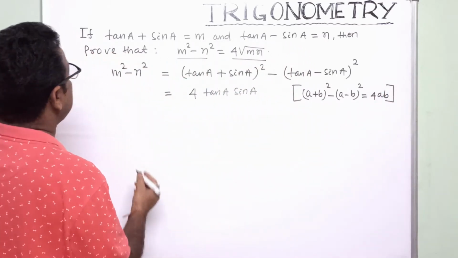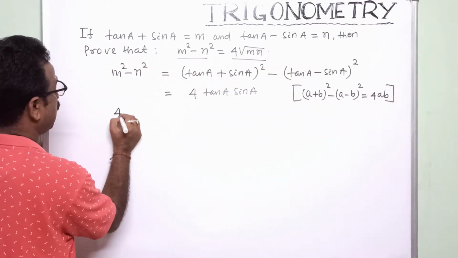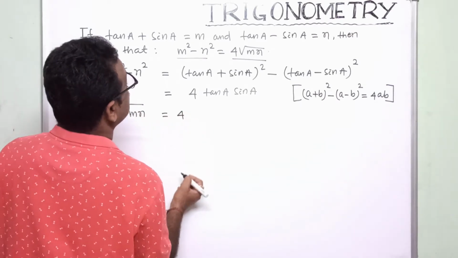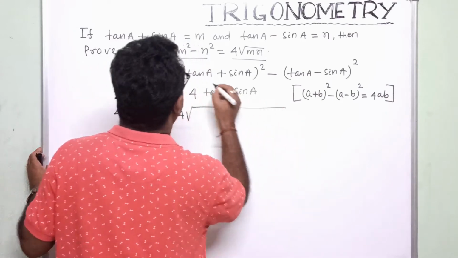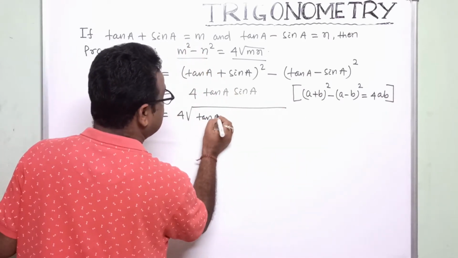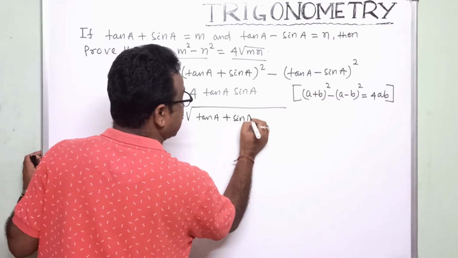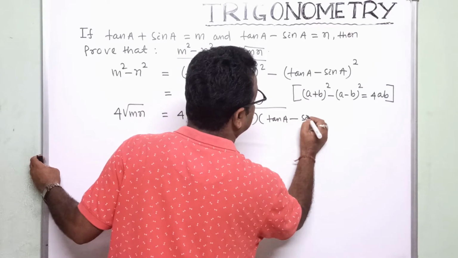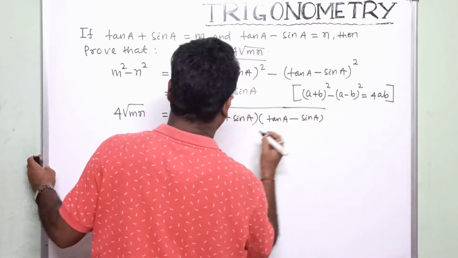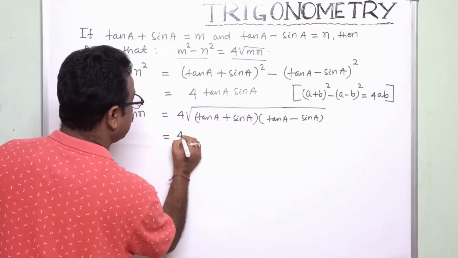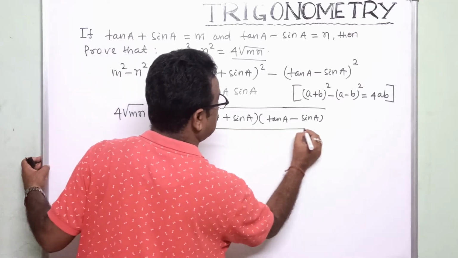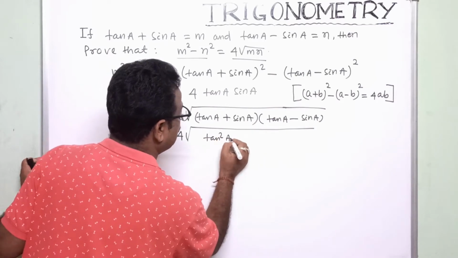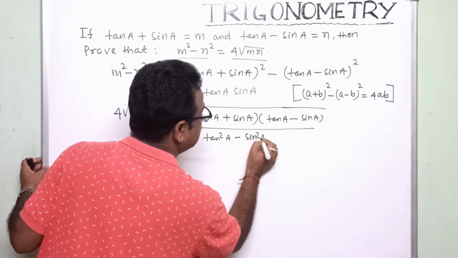Okay. So now come to the RHS. 4 root mn, that is equal to your 4 root, m is tan A plus sin A, into tan A minus sin A. Okay. That is equal to your 4 root over how much? (a plus b) into (a minus b), a square minus b square.